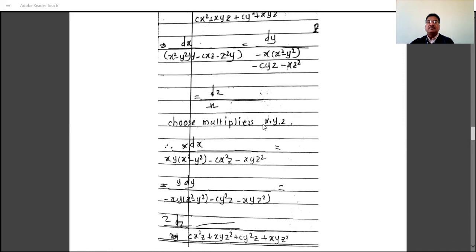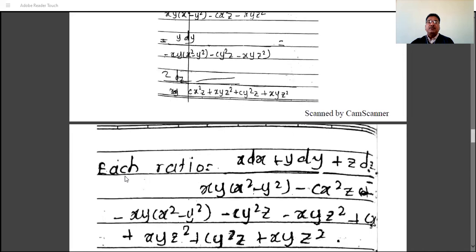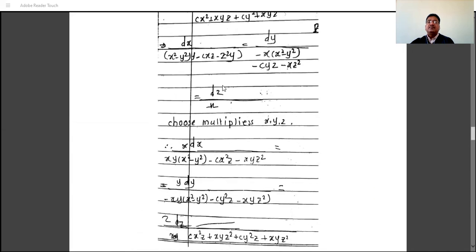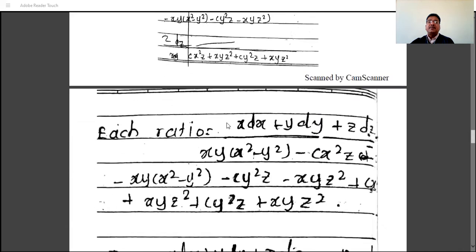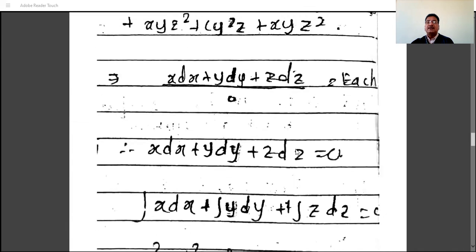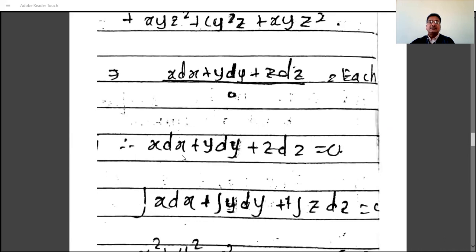So here choose the multipliers x, y, z, and therefore each ratio is equal to x dx plus y dy plus z dz divided by x times this quantity plus y times this quantity plus z times this quantity. We have the answer 0, and therefore x dx plus y dy plus z dz is equal to 0.